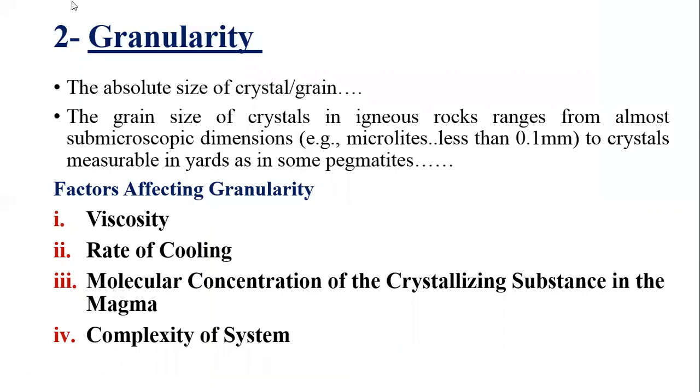Now, the second parameter that affects the igneous texture is granularity. What is granularity? Granularity refers to the absolute size of a crystal or grain. The grain size of crystals in igneous rock ranges from almost submicroscopic dimensions, such as microlites which are less than 0.1 millimeter in size, to crystals measurable in yards as in some pegmatites.